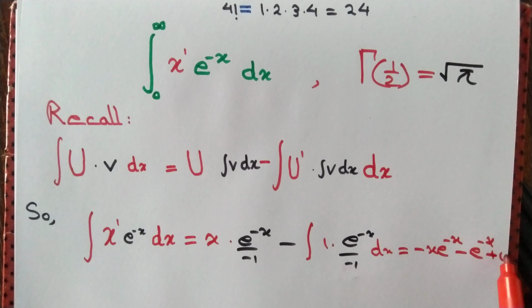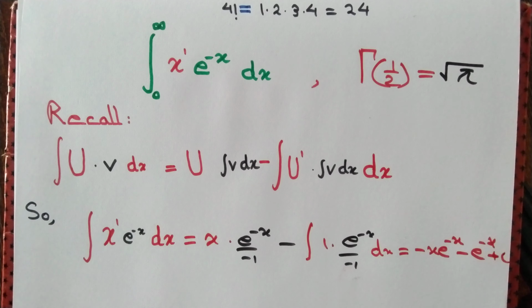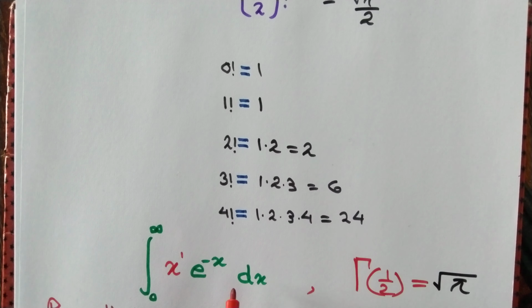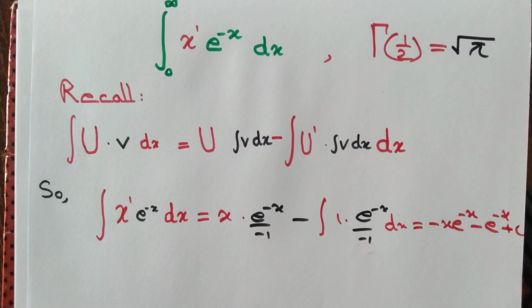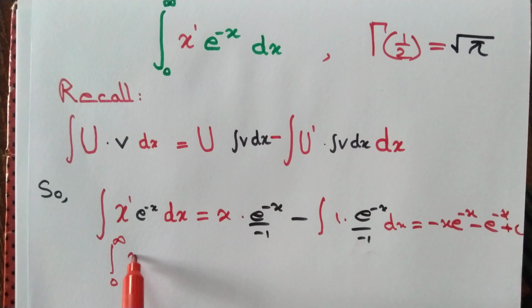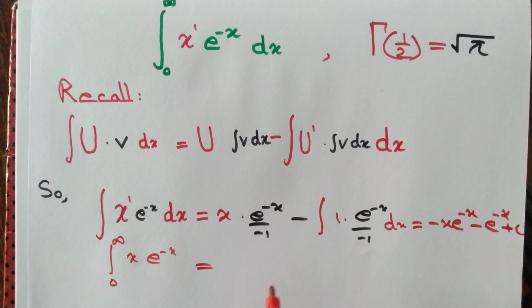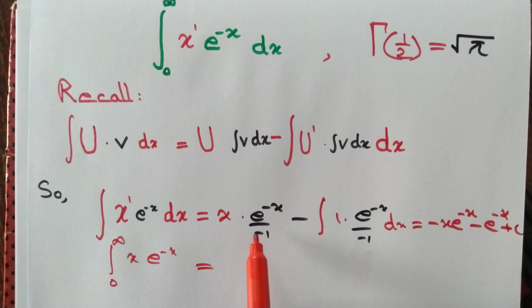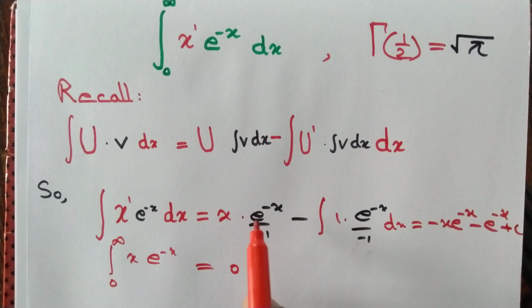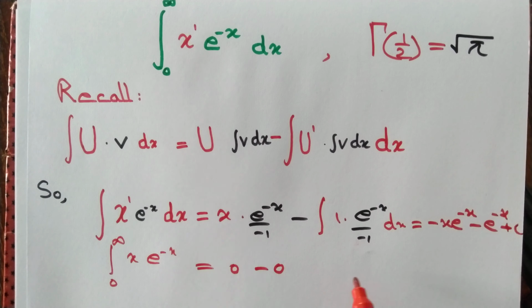So far so good. Now we want to evaluate the integral from 0 to infinity of x times e to the power minus x dx. Can we do it? Of course. If I write x equal to 0, this turns out to be 0. If I take the limit of x to be infinity, then x by e to the power x will turn out to be again 0.